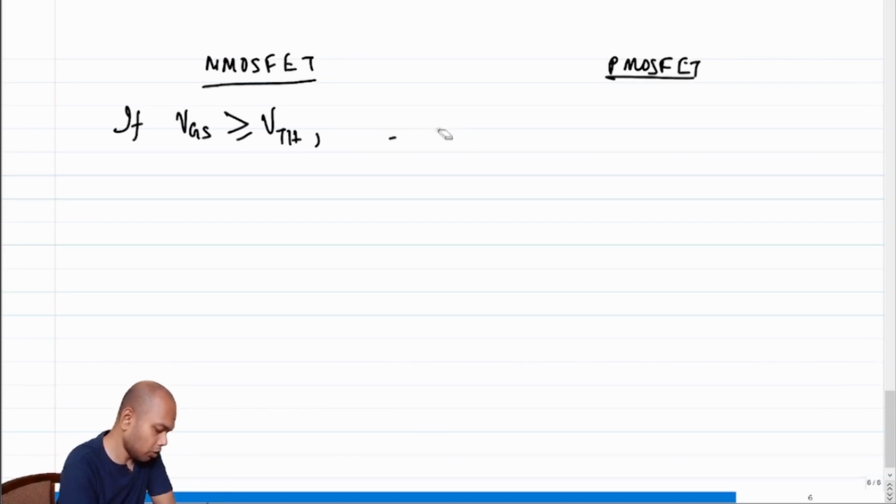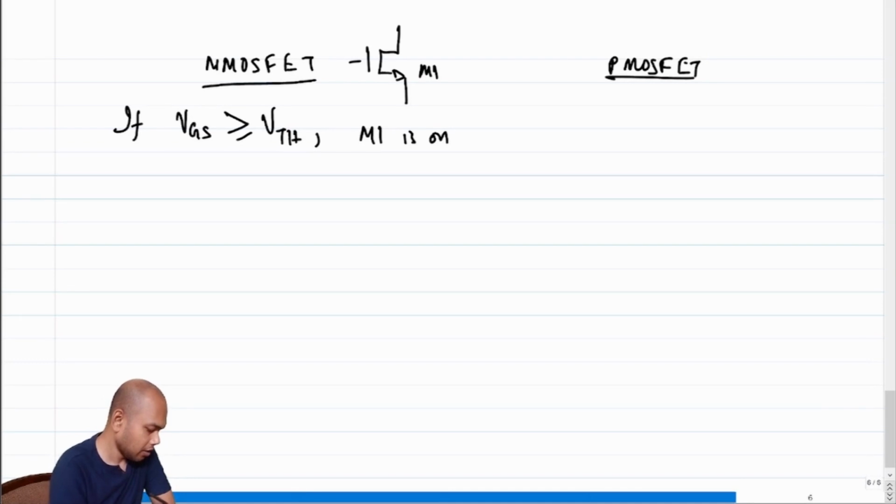So instead of writing MOSFET, I will call this M1. M1 is on, correct?